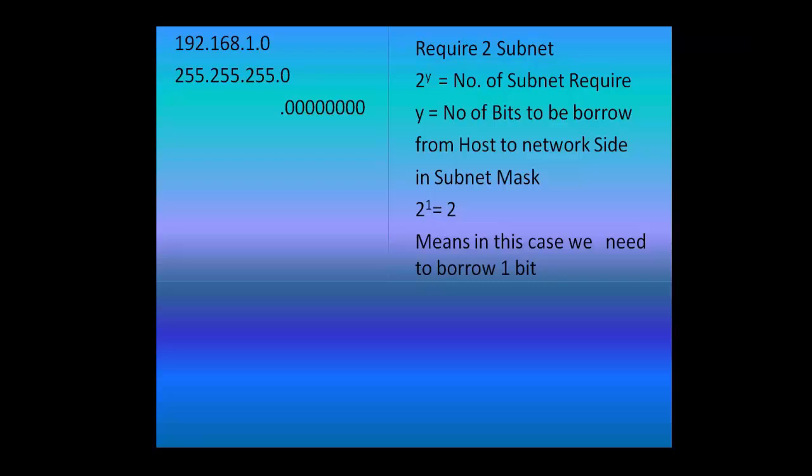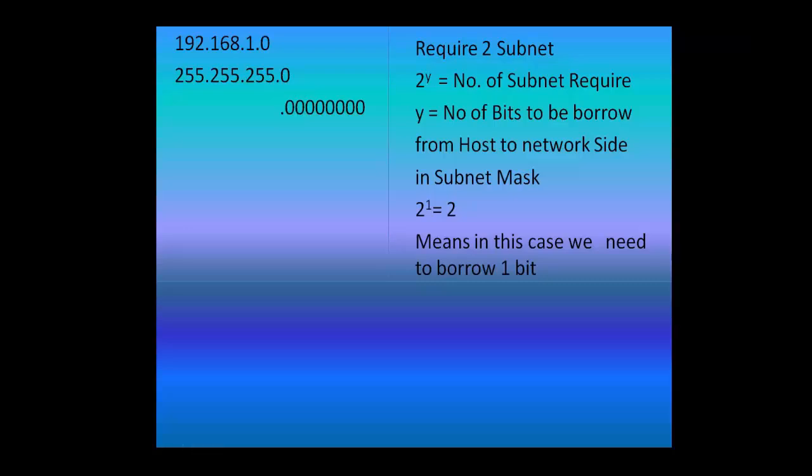What we do is just change this. This is the host bit: 0 means host bit, 1 means network bit. We do the change here only. Why here only? Because I told you the subnet mask is always contiguous, it can never be discontiguous.